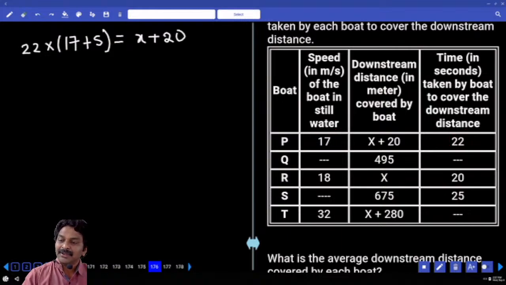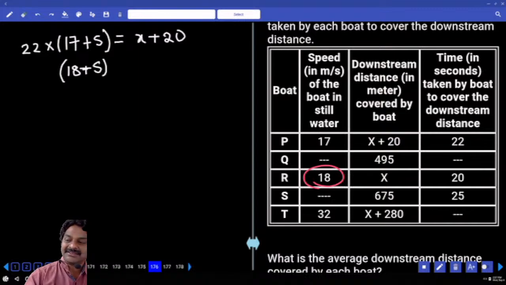Now here also for R, stream speed is S, that is constant. Man speed is 18. Downstream becomes 18 plus S, and in that case time taken mentioned as 20, that is distance covered, which is X, right?